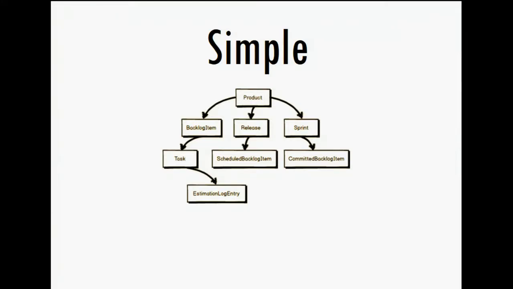Notice, though, that releases have scheduled backlog items and sprints have committed backlog items. Okay, so that's sort of like a basic model. There's actually more to a Scrum model, but if you think about it, this is kind of where you would conceptualize the main parts of a Scrum application management tool.